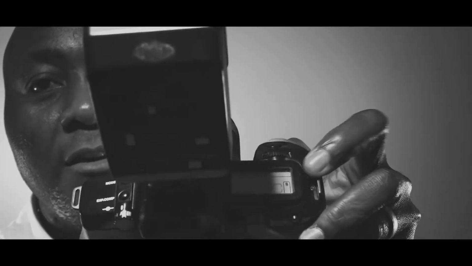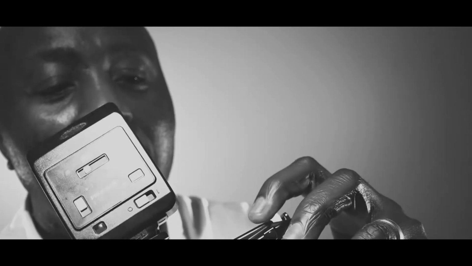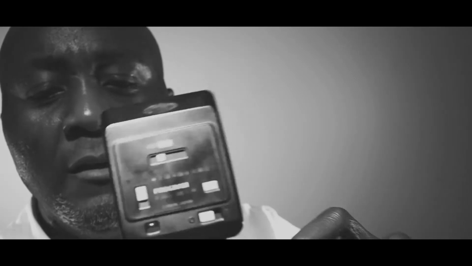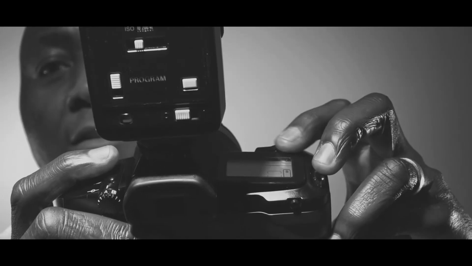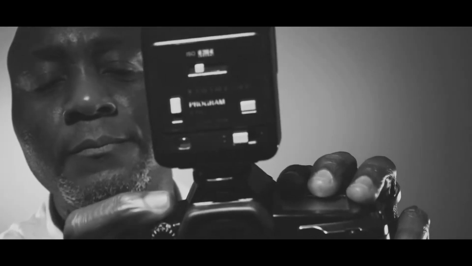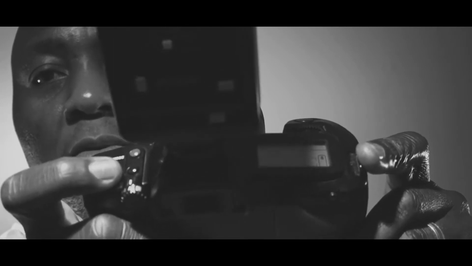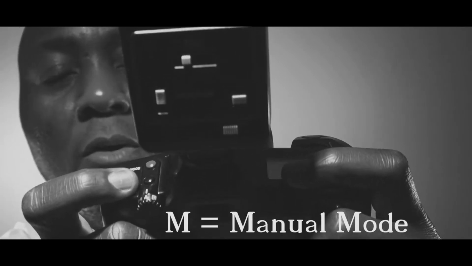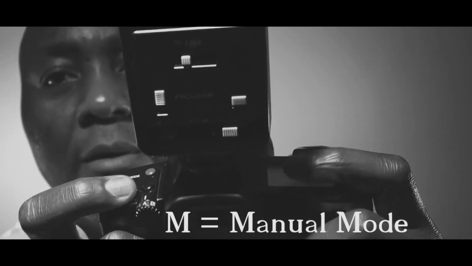When I do that, this here will indicate the mode that you're in, okay? And the mode is controlled by this button here. It's also controlled in combination with this dial over here. The first mode here is the manual mode, and the manual mode is indicated by the M sign right there.